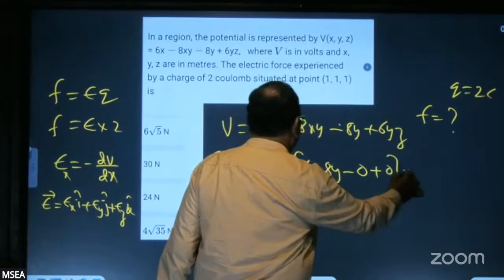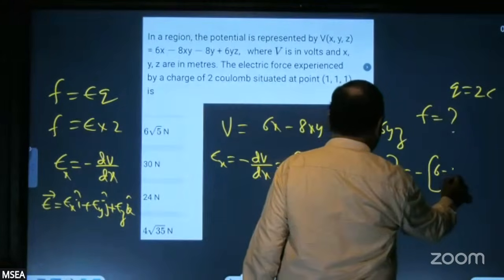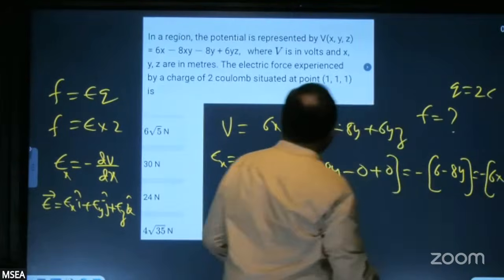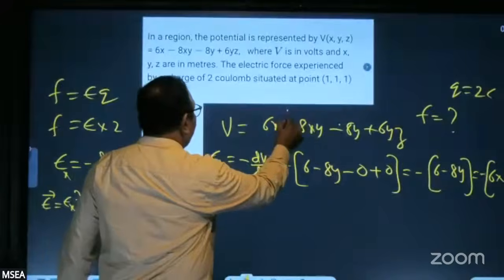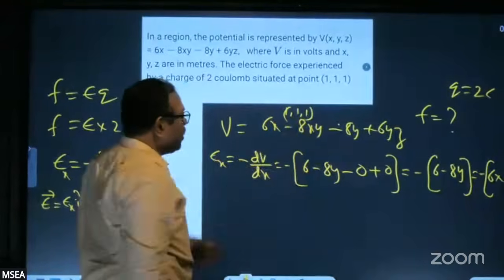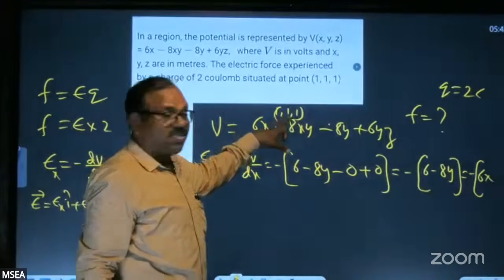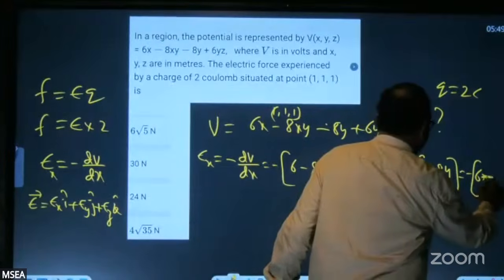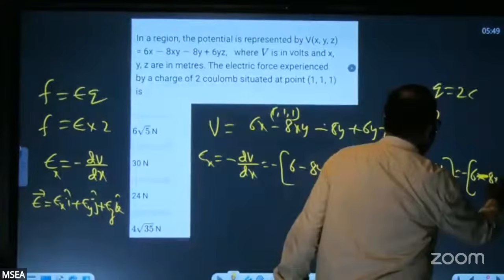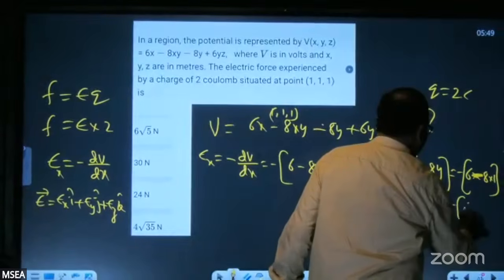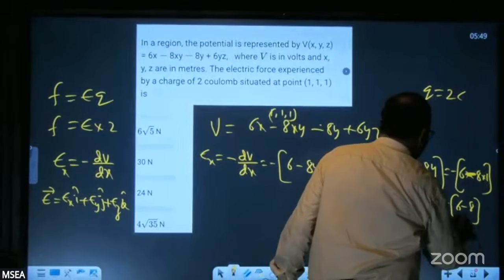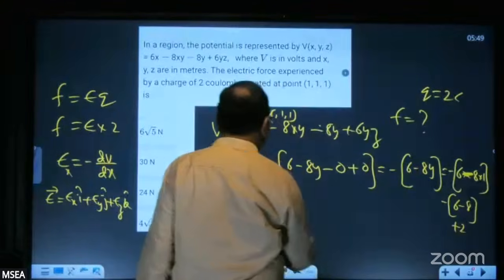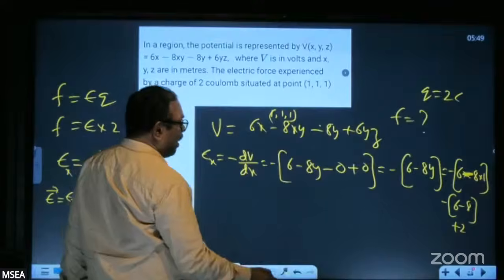At what point is it asked? 1 comma 1 comma 1, therefore x is 1, y is 1, z is 1. Taking y as 1, 6 minus 8 into 1 is 6 minus 8, which is minus 2. Minus of minus is plus 2.